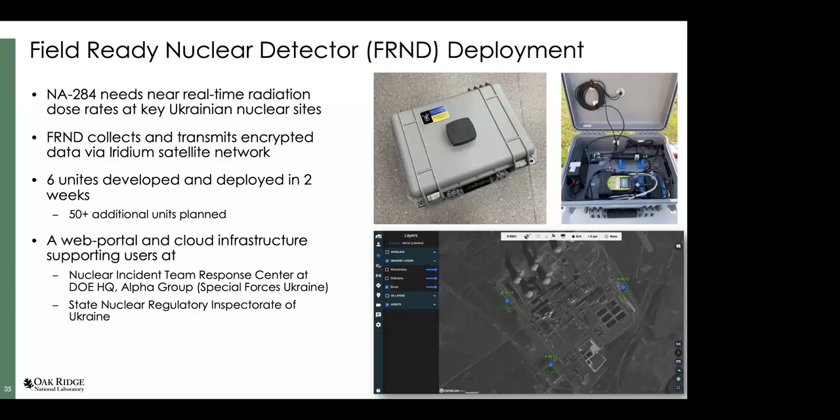And those readings help us explain that if the damage was that severe, we should see some elevated levels of radiation in there. They had to build 6 of these things in 2 weeks, and actually it was handed over to the Polish who took it to the border and put it there. And then right now they're building more for other areas.